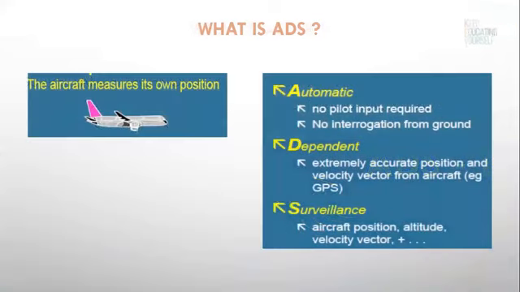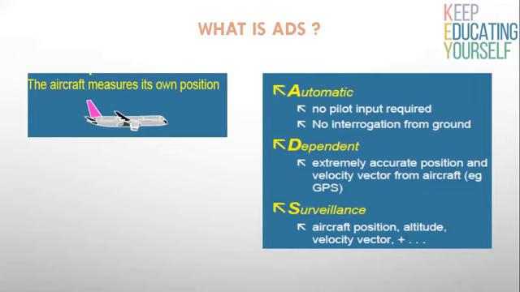What is ADS? The arrival of satellite technology in the late 1980s brought with it the possibility of another type of ATC surveillance equipment, principally for use in areas where radar coverage does not or cannot exist. Originally known as FANS, the Future Air Navigation System, this has matured into the system known as ADS, Automatic Dependent Surveillance.